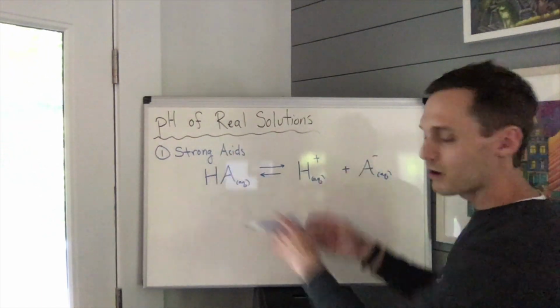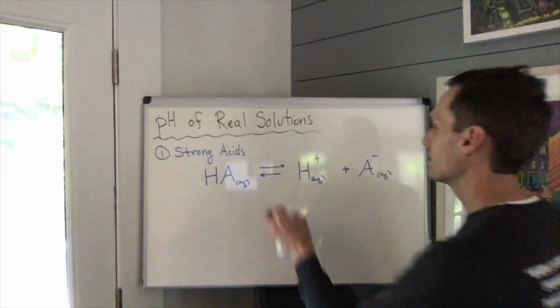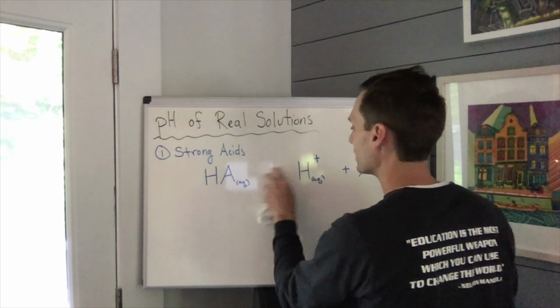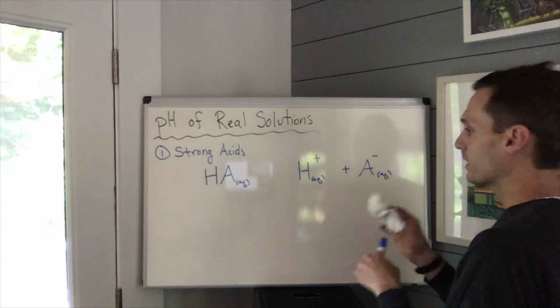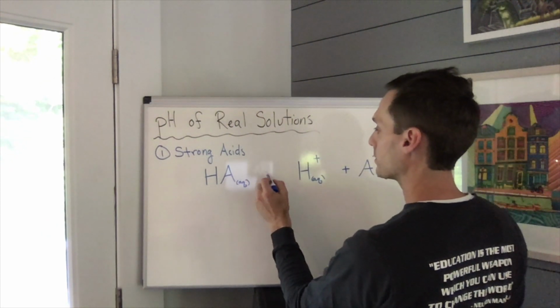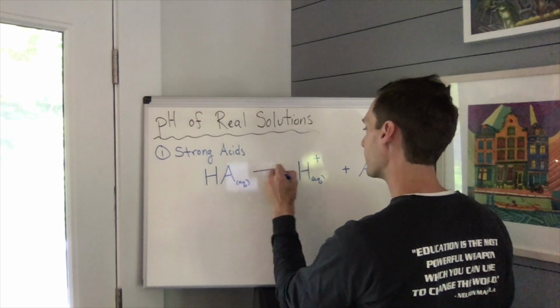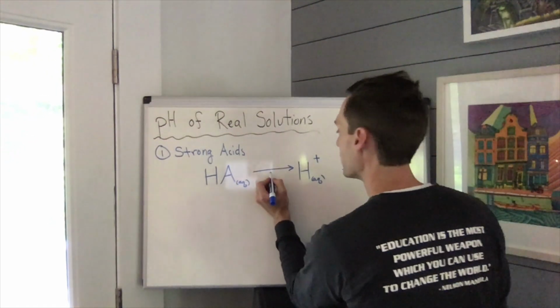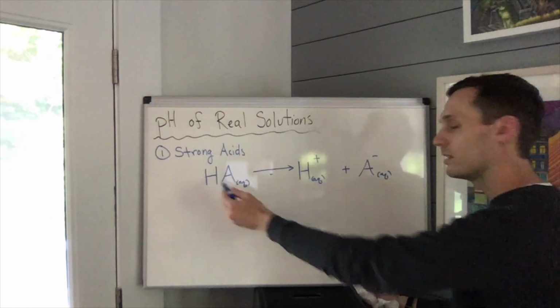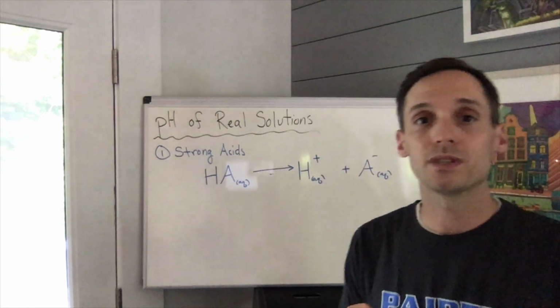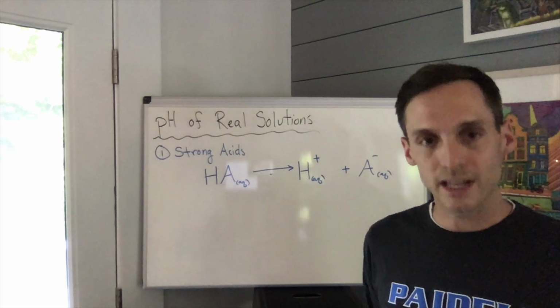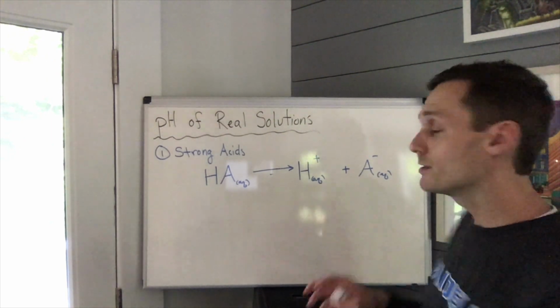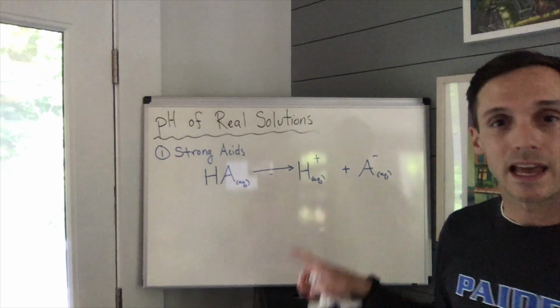But if it's a strong acid, just remember what that means. It means that this equilibrium is not going to be very equal from the reactants to the products. It's going to very heavily favor the products, right? We're going to basically take all of that original acid and dissociate 100% of that acid into H+ and A-.